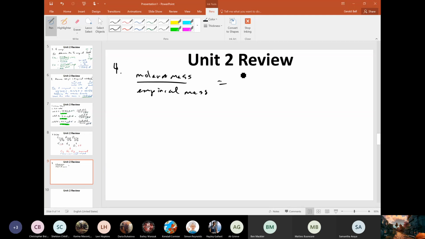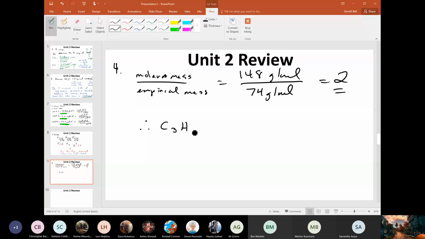So the molar mass is given in the question at 148 grams per mole, and we just determined that this thing weighed 74 grams per mole. This should always be a whole number. Can't have any half numbers here. It's a 2. And so all that means is that the empirical formula that we found earlier, we're going to double everything.